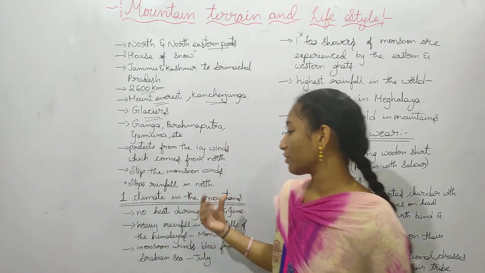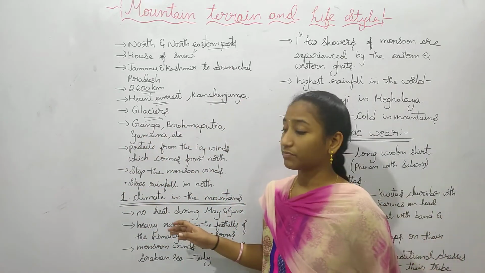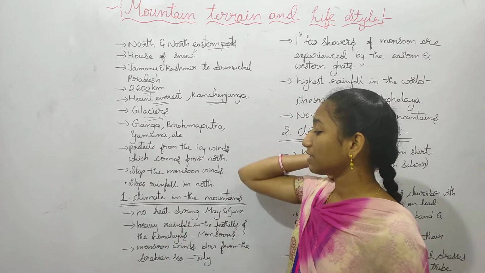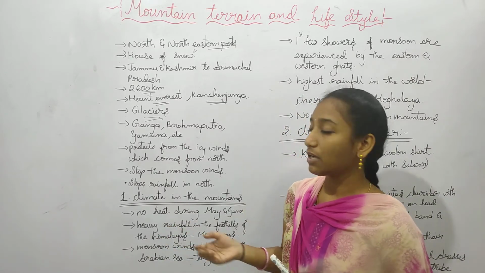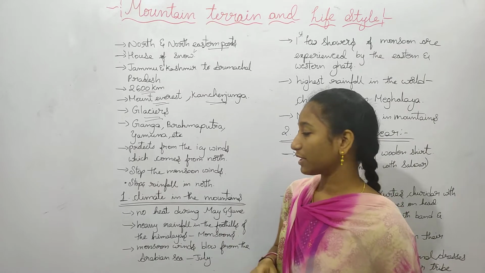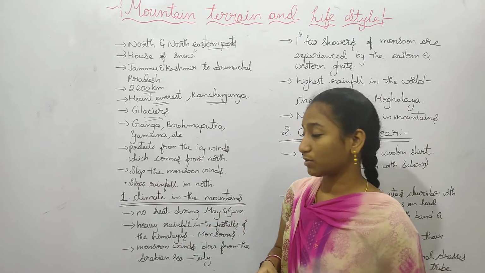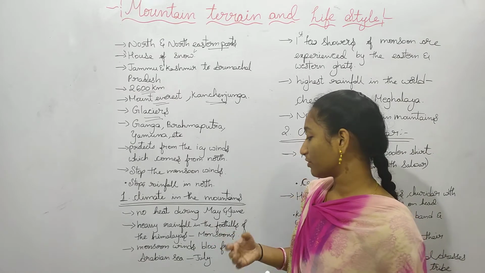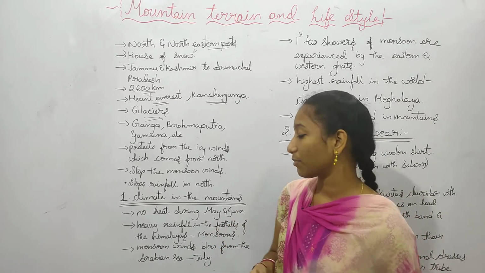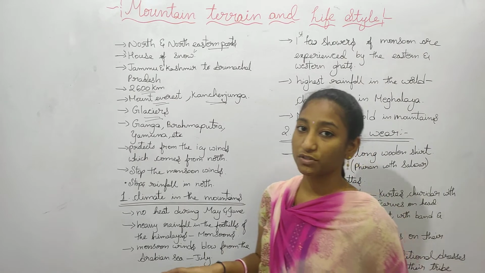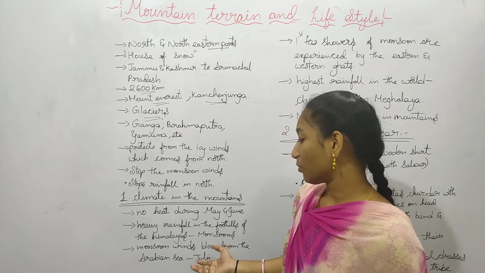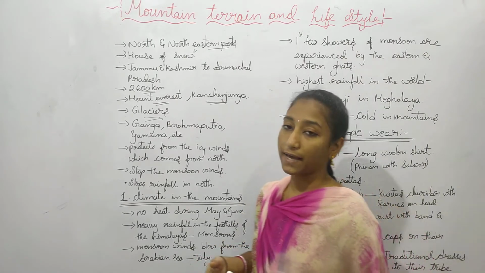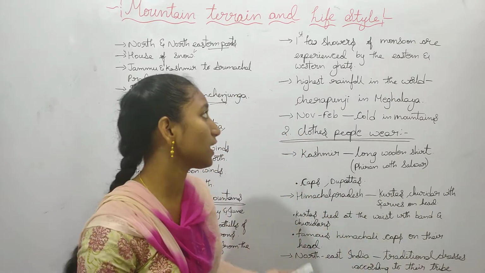The first factor is the climate in the mountains. During the summer months, there is no heat at the mountains; it is very cool. There is heavy rainfall in the foothills of the Himalayas in the monsoon season, and the monsoon winds blow from the Arabian Sea in July.